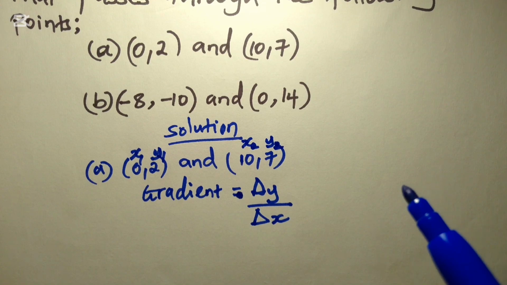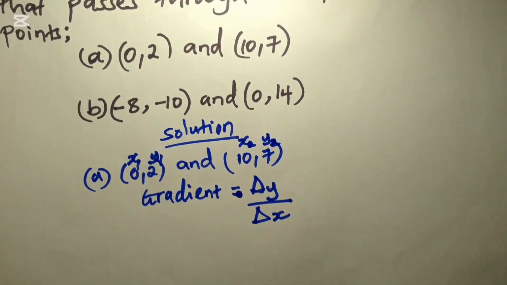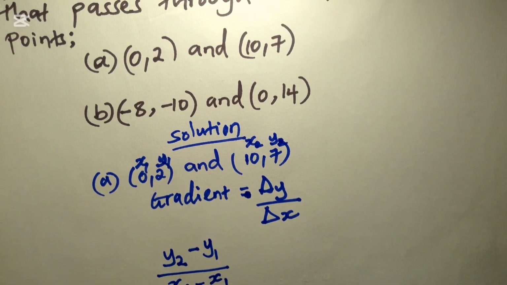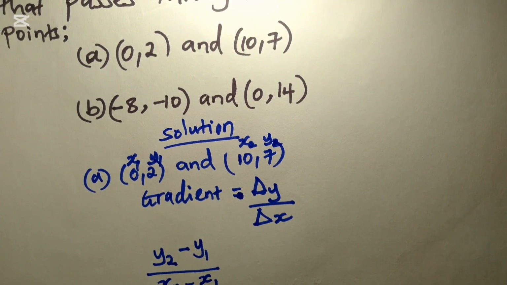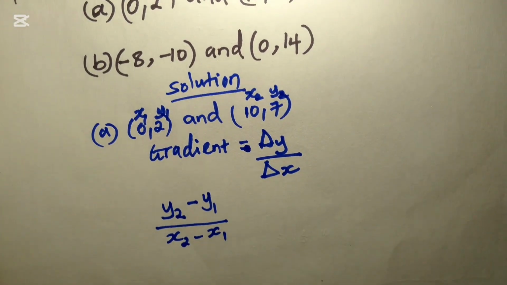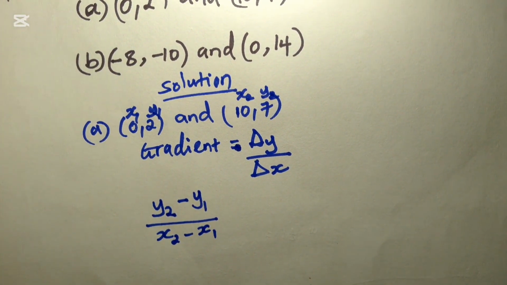So we get y2 minus y1 over x2 minus x1. That is what it means by change in y coordinates over change in x coordinates.